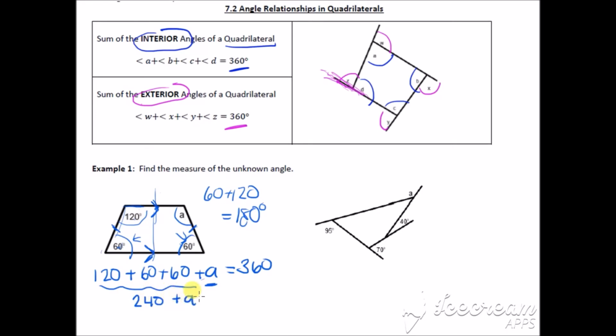Okay, so 240 plus A equals 360. And bring that 240 over, it becomes A equals 360 minus 240. And these are all in degrees, right? And we get 120. Just double checking there on my calculator. Okay, so 120 degrees, and then I always box my answers.